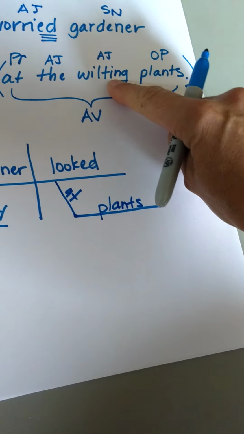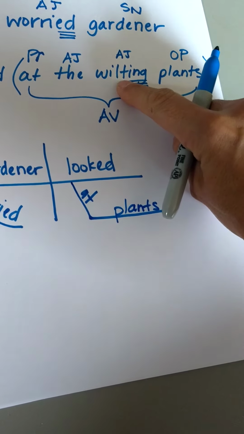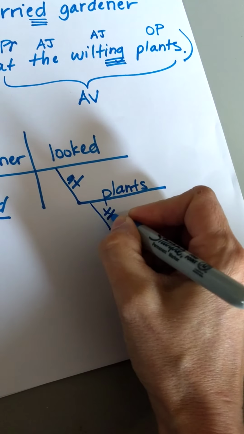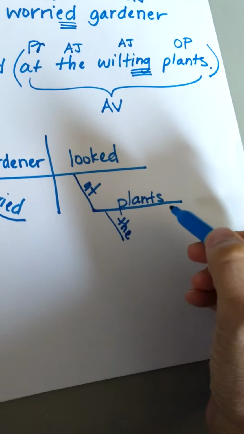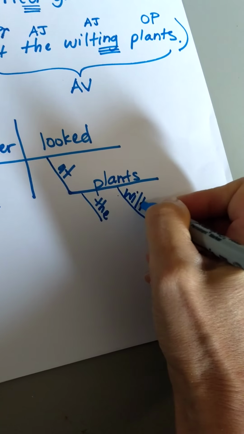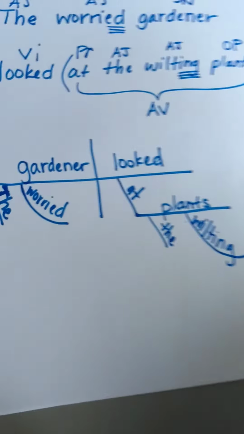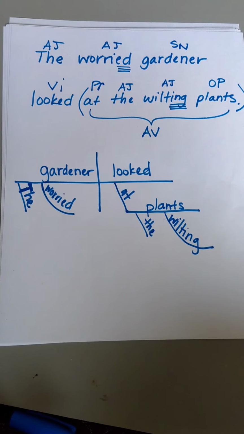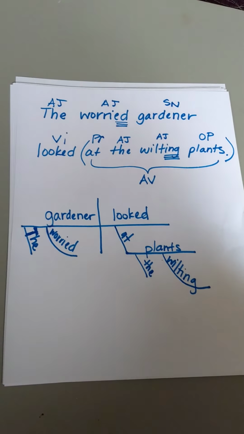Anything modifying is going to hang off the word it's modifying. So wilting and the modify plants. The is just an adjective. Wilting is an adjective, but it is a participle, so I need a sling for that one. Wilting. So that is how we are going to diagram this sentence with our participles.